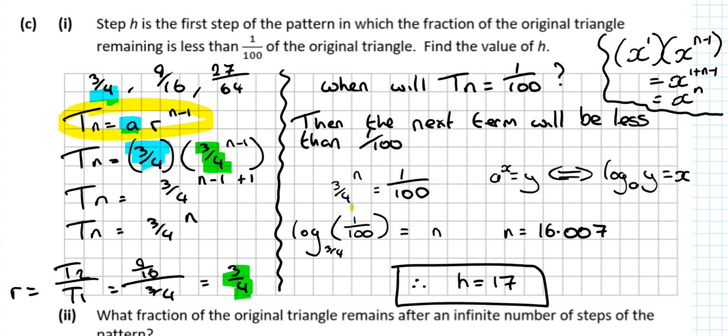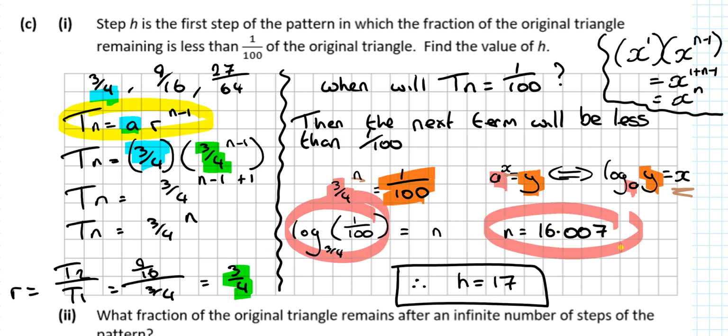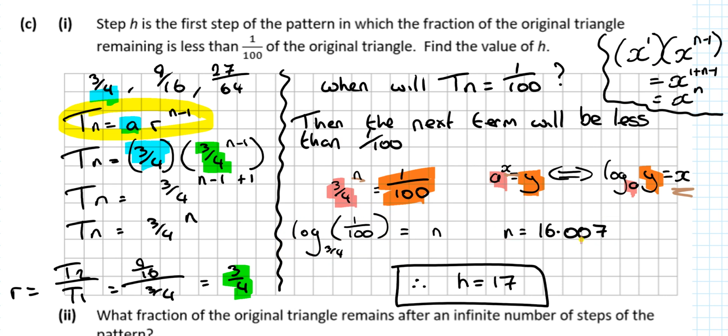We're doing our matchy thing again, our A, N, and Y, which leads us down to here. And you can type this into your calculator. So the next term, H, would be the 17th term.